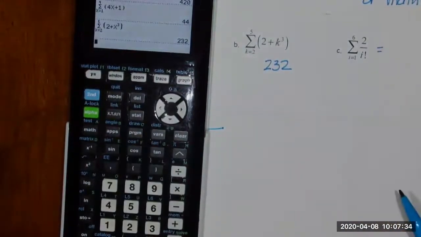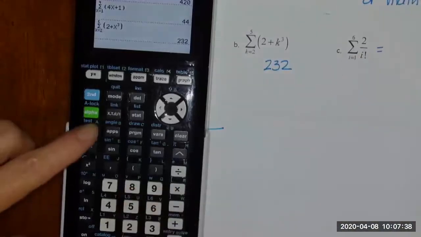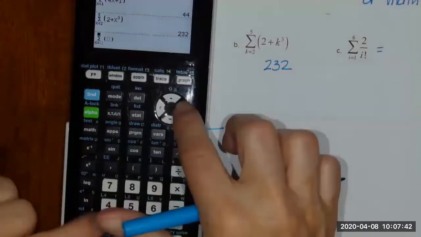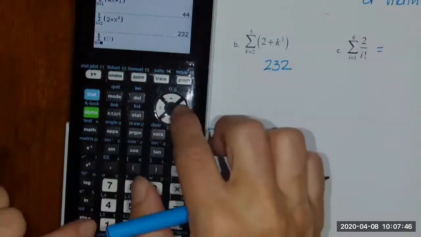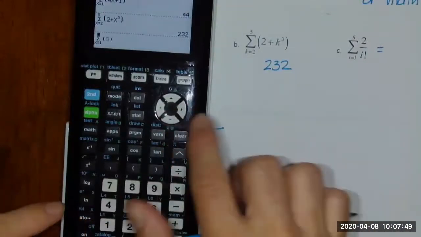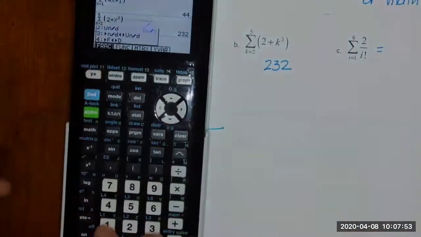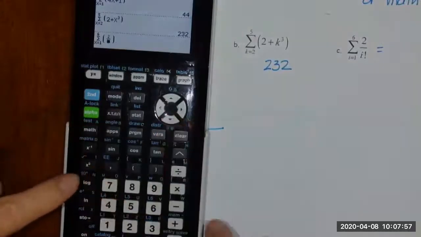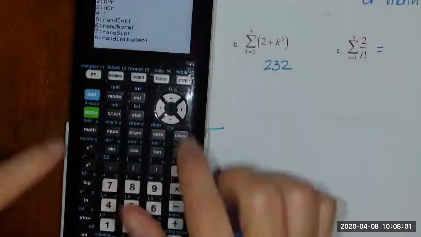I'm using the alpha y equals. Well, let me go to math 0 and I'm going to go x, 6, 1. Now, when I go in here, I like to do a fraction. So alpha y equals 1, and I'm putting 2 on the top. And then x factorial, remember how to find that? Math, PRB 4.